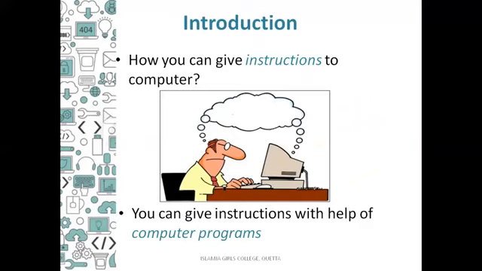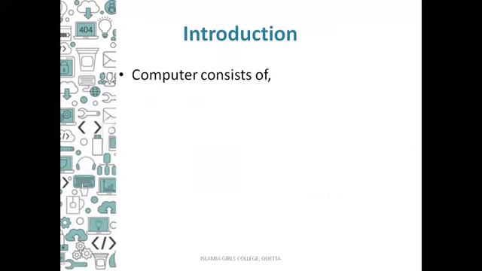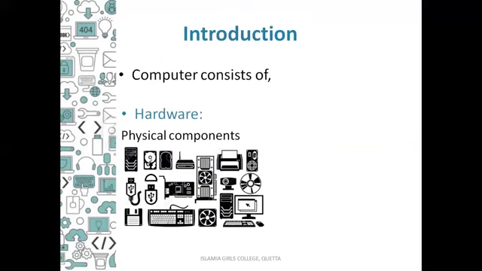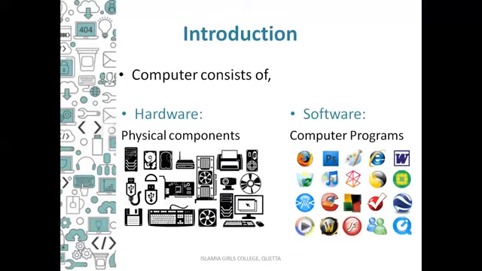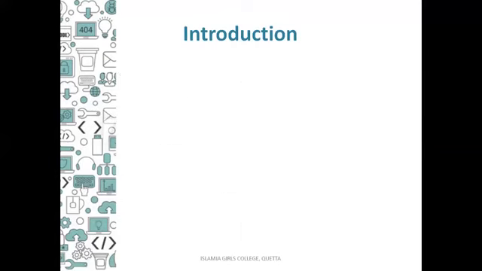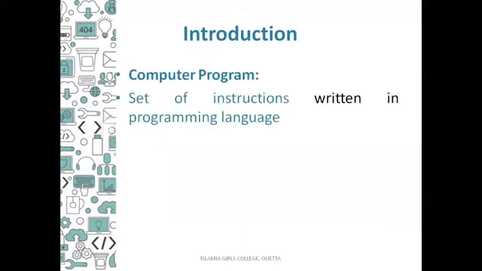We have also studied computer programs, but let's revise. You know that a computer consists of two parts. First is the hardware, which are the physical components, and second is the software. And software is known as computer programs, all the different programs installed on your computer. So what are all these different programs? These are sets of instructions, and these are written in a programming language.